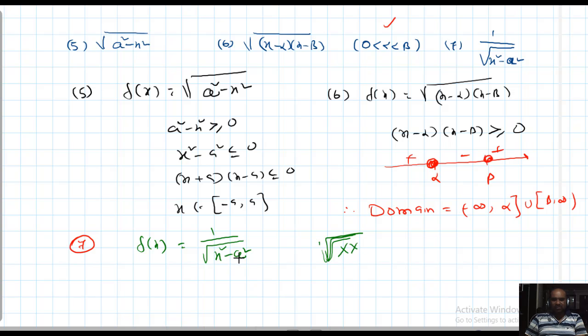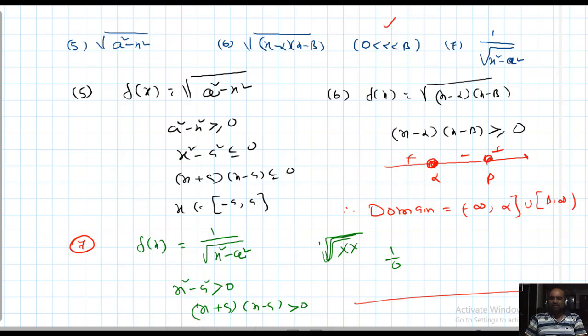Means x square minus a square is not negative, and not even 0, because 1 by is there, no? 1 by 0 is not a real number. That's why x square minus a square should be only greater than 0. In the earlier case it was greater than or equal to 0, no problem, as it was not in the denominator. But here it is the denominator. So x square minus a square is only greater than 0. How can you write? x plus a into x minus a greater than 0. Take a number line and complete the problem.